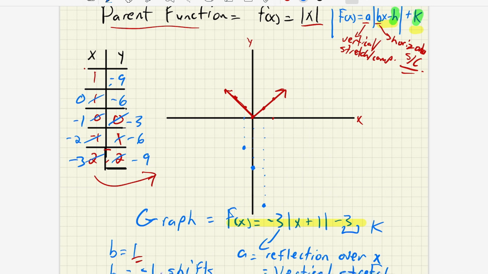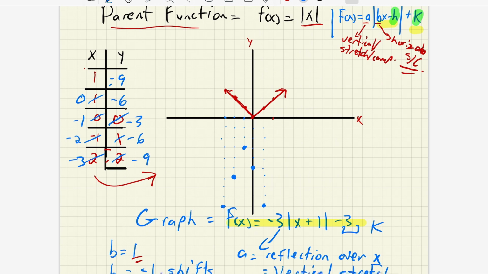And then when x is negative 2, so over here, y is going to be negative 6. We'll go 1, 2, 3, 4, 5, 6. So we'll put another point over here. And then when x is negative 3, so just over here, y is going to be negative 9. So 1, 2, 3, 4, 5, 6, 7, 8, 9.